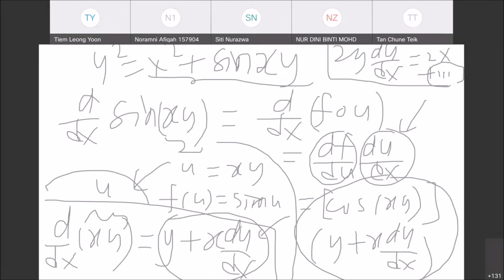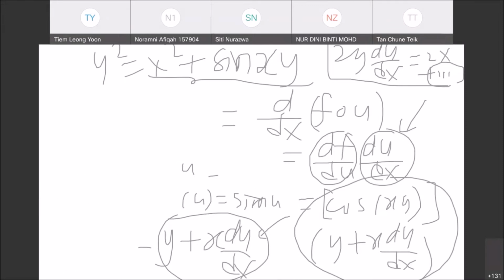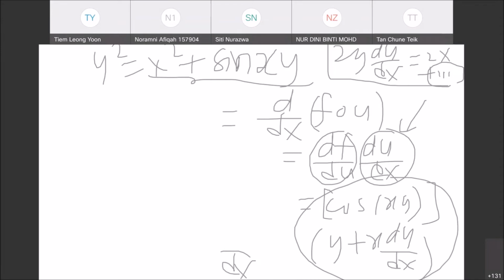Now let me clean up everything and try to obtain a clean expression for my derivative. I have to make some rearrangement to collect all the expressions of dy/dx on one side. Earlier on, I already got this expression. Let me change the color of my pen.